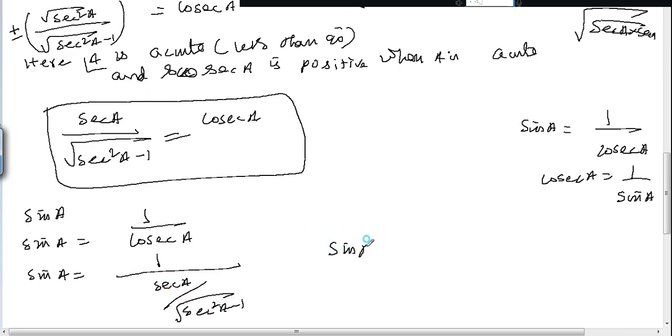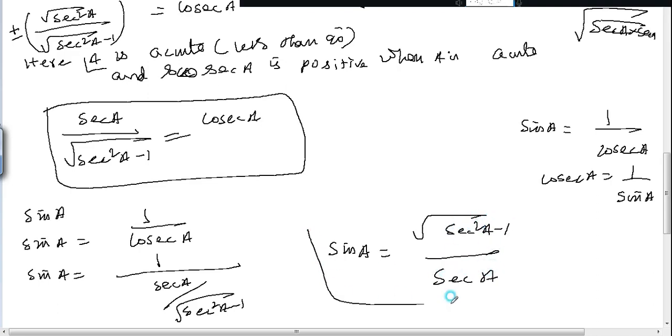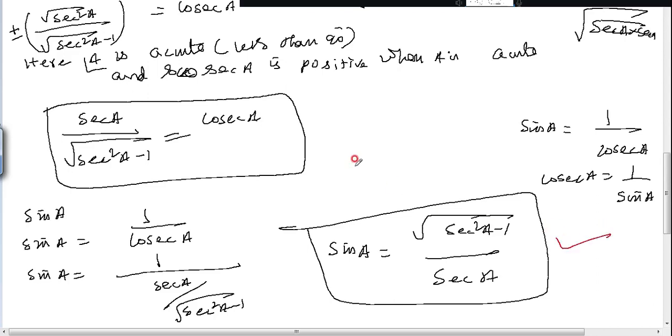That is sin A equal to root of secant squared A minus 1 divided by secant A. Do you follow? Because 1 by this is the reciprocal. So just write root of secant squared A minus 1 divided by secant A. Do you follow? So this is one answer. And cosecant A, isn't it?